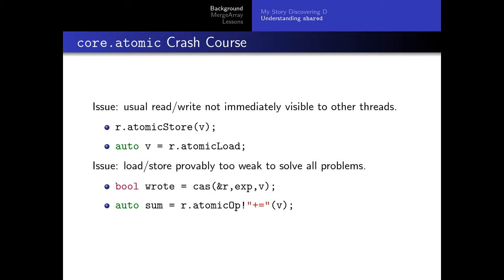All of this happens atomically in one instruction. The output of this function is a Boolean for whether you actually wrote or not, and that allows you to branch based on whether you were successful. This is sufficiently powerful to solve any concurrency problem that you want.